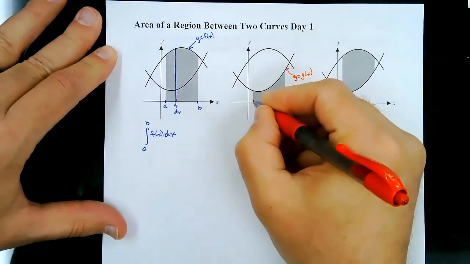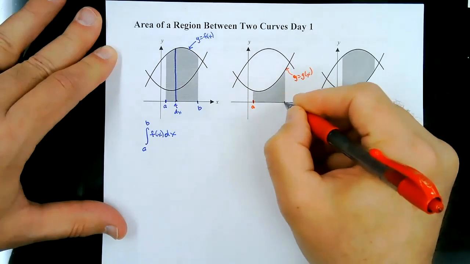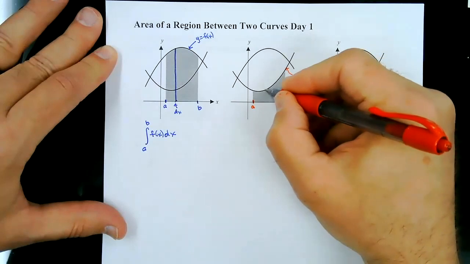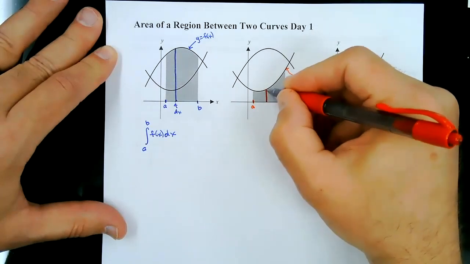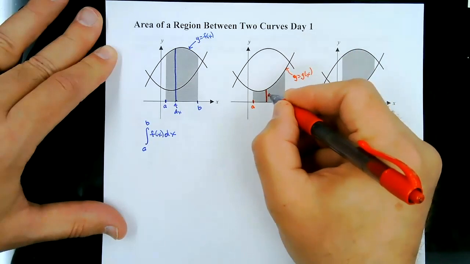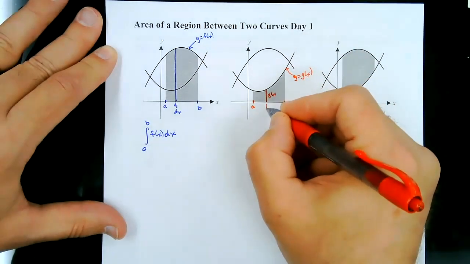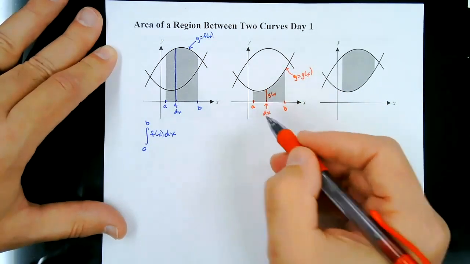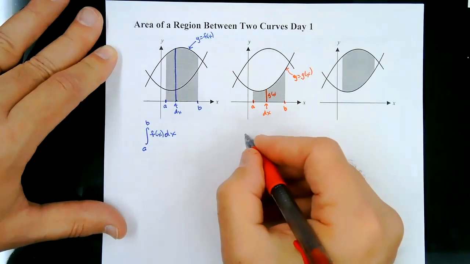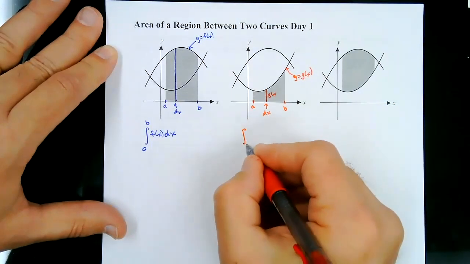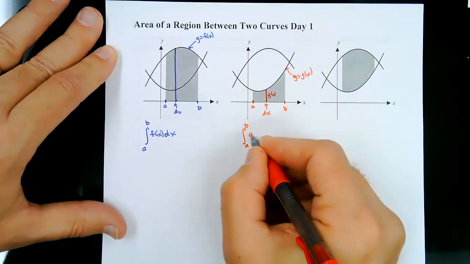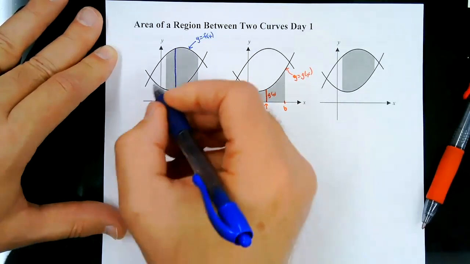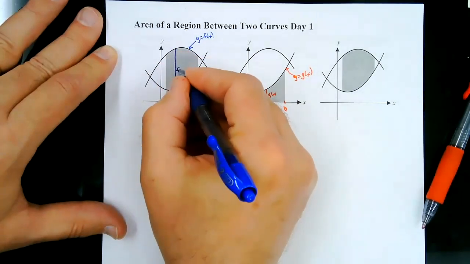Here, the left endpoint is going to be A, and the right endpoint is going to be B. And the height of my rectangle this time would be g of x, and this little width right here would be dx. So that's a drawing of a really skinny rectangle. This is going to be the integral from a to b of g of x dx. And the height of the rectangle over on the other one is f of x.